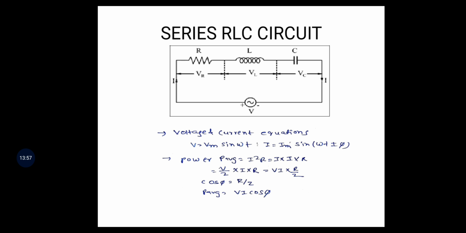The circuit current I equal to V by Z. Phase angle phi equal to tan inverse (XL minus XC) by R, that is also cos inverse R by Z. The current and voltage equations are V equal to Vm sin omega t and I equal to Im sin (omega t plus or minus phi). The average power consumed P average is equal to V I cos phi. The power factor equal to cos phi equal to R by Z. These are the different formulas.